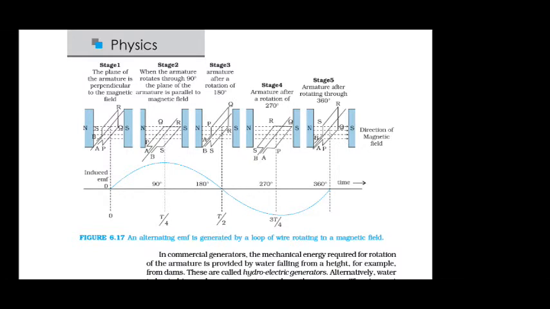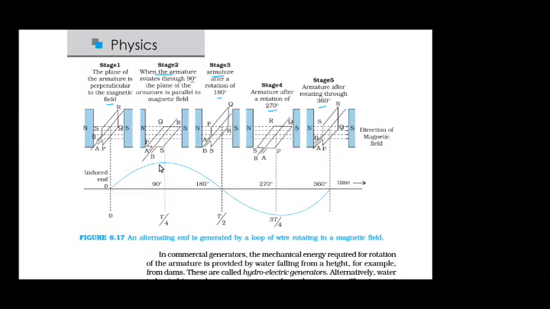So stage 1: the plane of the armature is perpendicular to the magnetic field. Stage 2: the armature rotates through 90 degrees, then 180 degrees, then 270 degrees, and the fifth stage is 360 degrees.